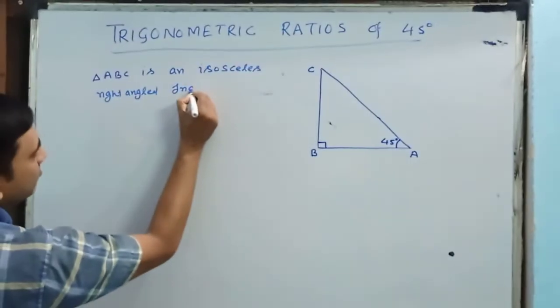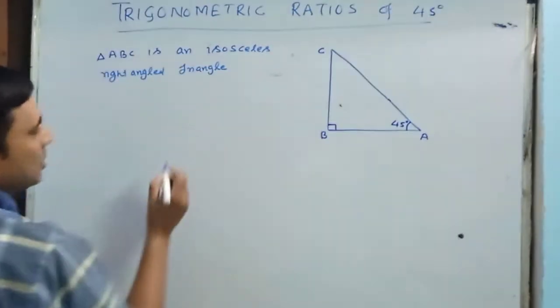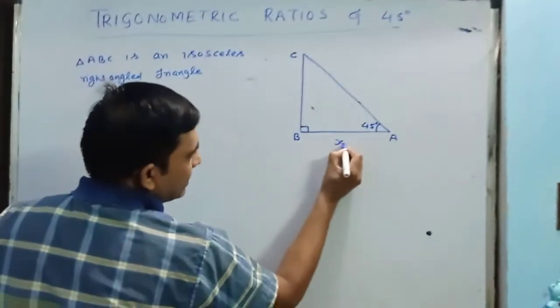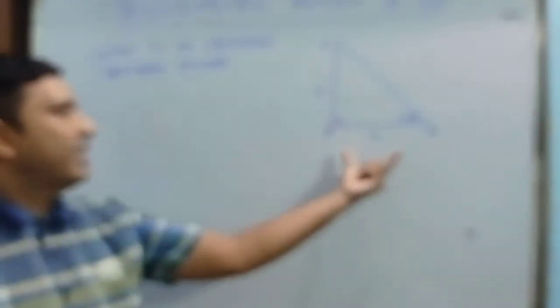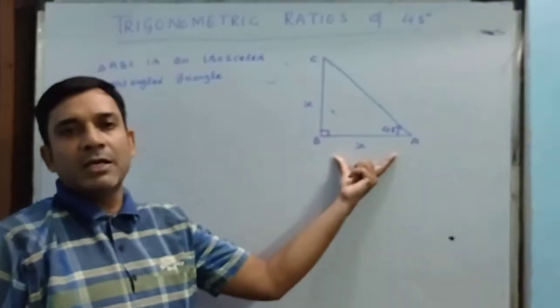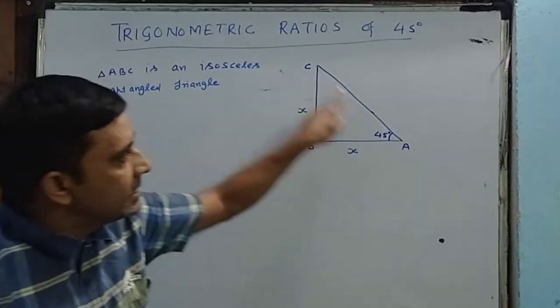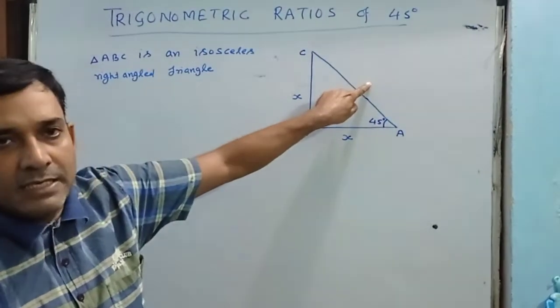It is an isosceles right angled triangle. So if I take AB as x, then BC will also be x. If I take this side as x centimeter or x meter, then BC will also be x. And AC is the longest side, as you know. This is AC, longest side.